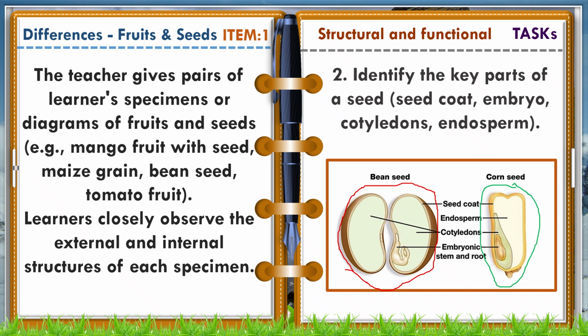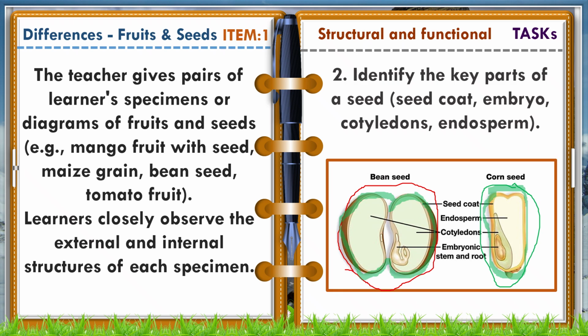Now, we want to look at first the seed coat. The seed coat is that outer layer on the bean. That outer layer is what we are referring to as the seed coat, and it is the same as the outer layer on the maize. That one we'll call the seed coat.